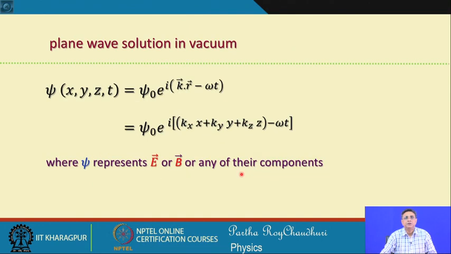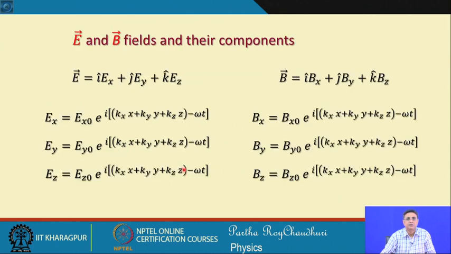This plane wave solution for electromagnetic waves in vacuum is the same, where we use psi for a particular electric field or magnetic field component. If I consider the electric field in Cartesian space, it is represented by i E x plus j E y plus k E z.